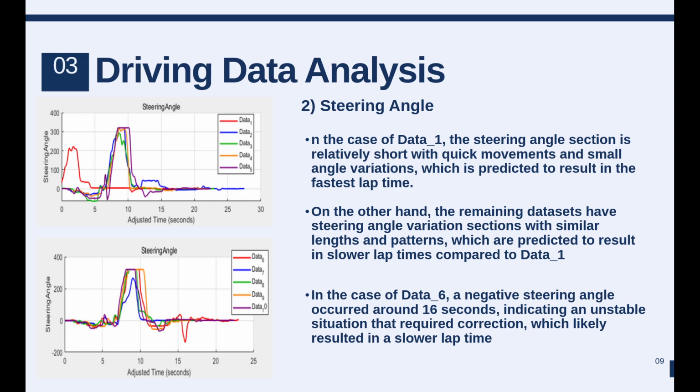Notably, in data 6, a negative steering angle occurred around the 16-second mark, causing an unstable condition. This suggested that the vehicle was at risk of deviating from its path during cornering, requiring abrupt steering corrections. As a result, the lap time was delayed.